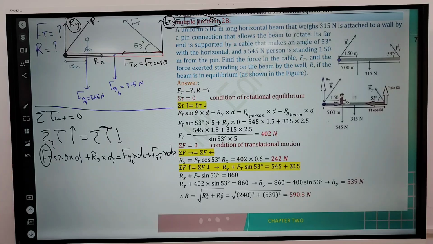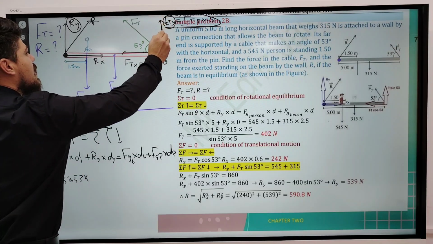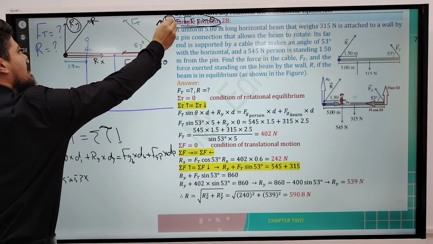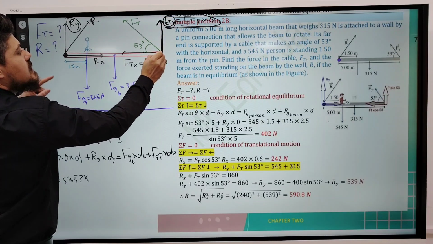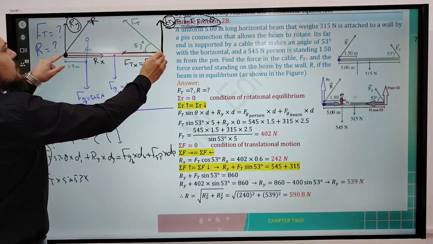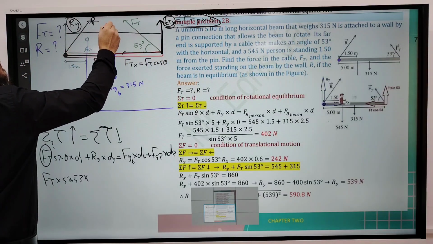How can you determine Ft? Substitute. Do we have Ft? No. Ft times sine 53 times the distance from the axis of rotation at which Fty is applied. The distance from Fty to the axis of rotation is equal to 5 meter.